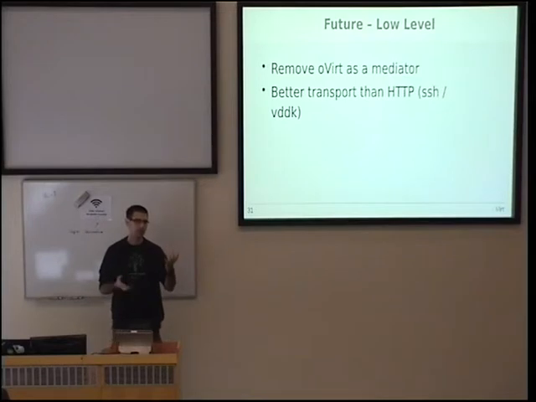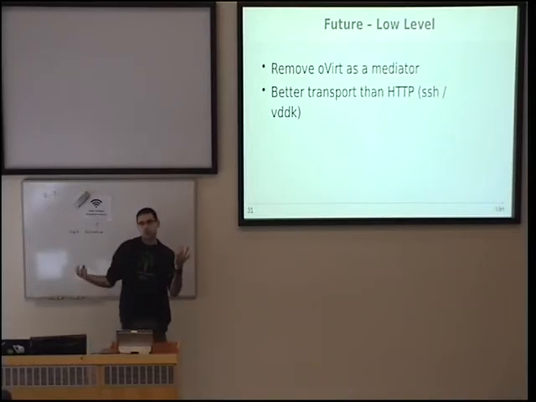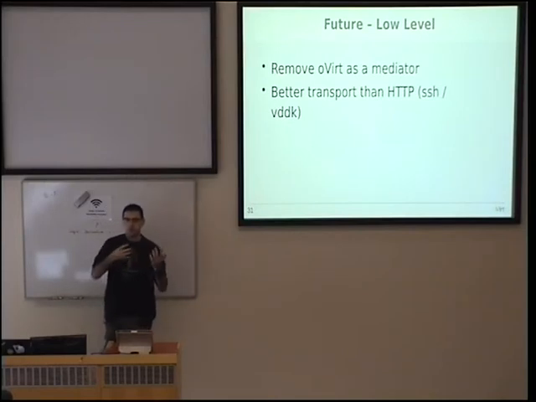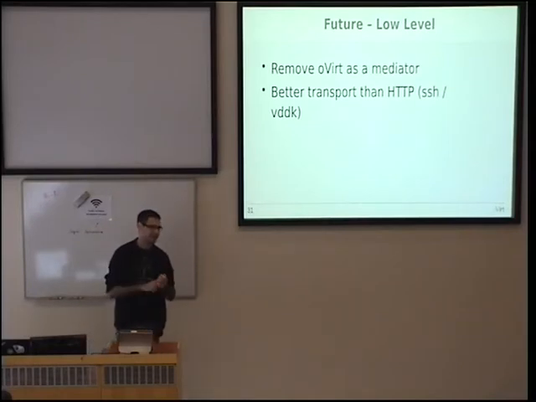So the oVirt would suddenly be passive in this role. It will be only the receiver of the incoming data, and Virt v2v would use the oVirt's upload API to upload the disks, use the normal API of oVirt to create the metadata and connect everything together. This has a couple of advantages. One, less work for oVirt, simpler code and everything.